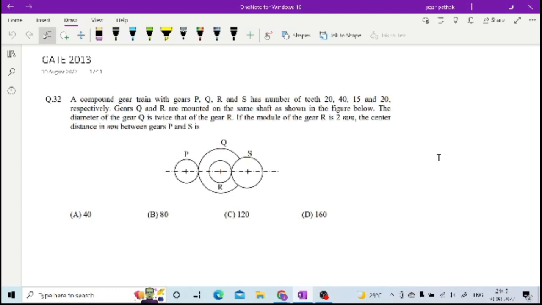80, sir. All of you are getting B, option B. All of you are getting the same. We are trying, sir. Calculate it.